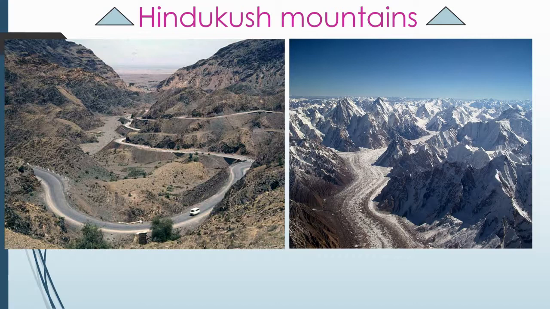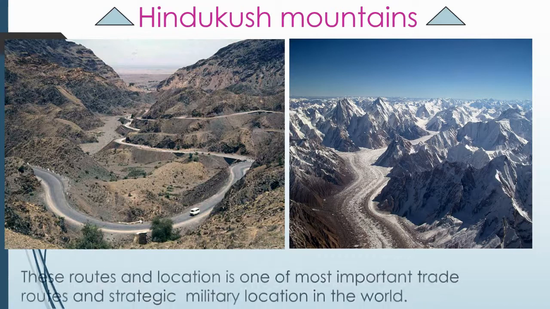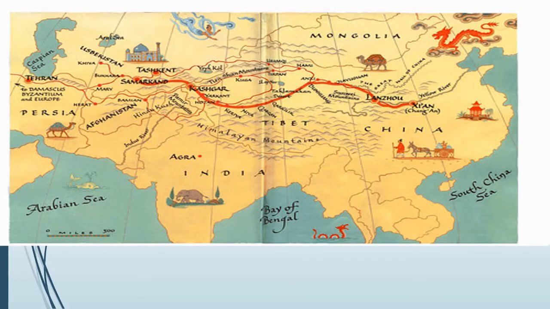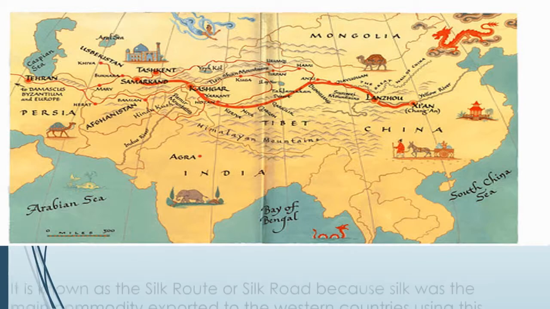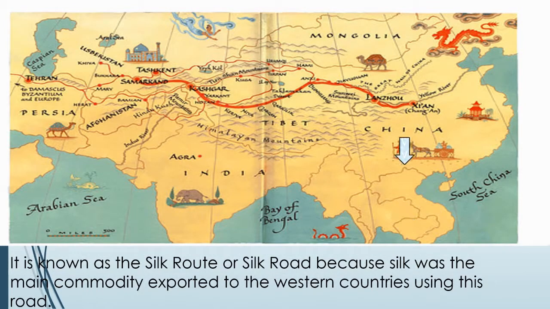During ancient times, less transportation was available, so people used to come by these routes. These routes were among the most important trade routes, and the other trade route was from China, which passes through Central Asia and reaches Arabia. You can see the arrow showing China.